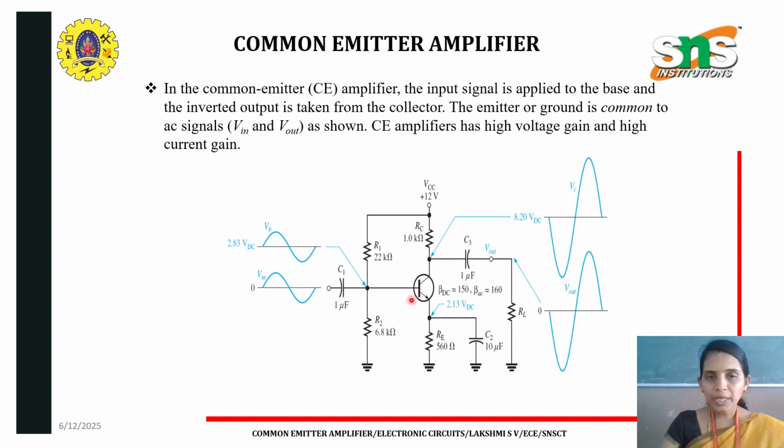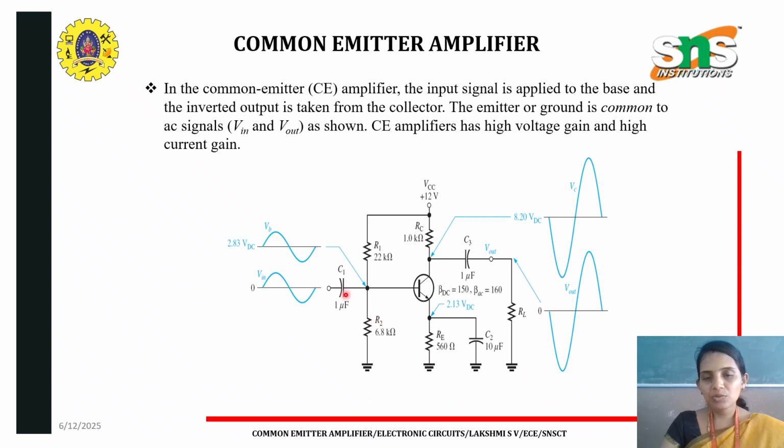Input is applied to the base, output is taken at the collector, and the emitter is common to both the input and output. Normally, common emitter amplifiers have high voltage gain and high current gain, which means the power gain is ultimately high. Therefore, this type of common emitter amplifier is preferred the most.